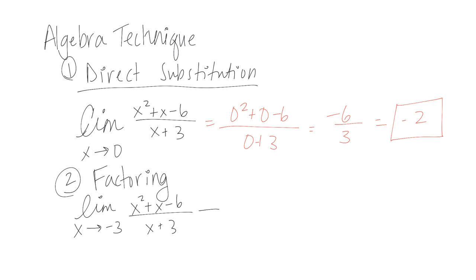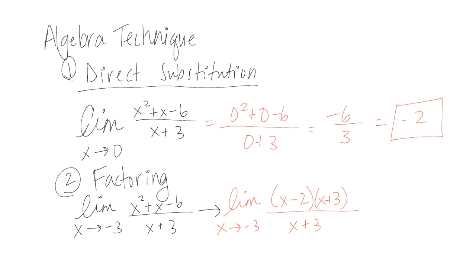So in order to do this, we're going to have to factor the numerator and see if anything could divide out. So I'm going to change this to the limit as x approaches negative 3. The numerator is going to be x minus 2 times x plus 3. So that's what the numerator factors into, and then I still have over x plus 3.